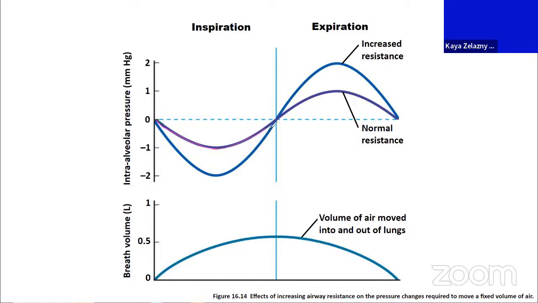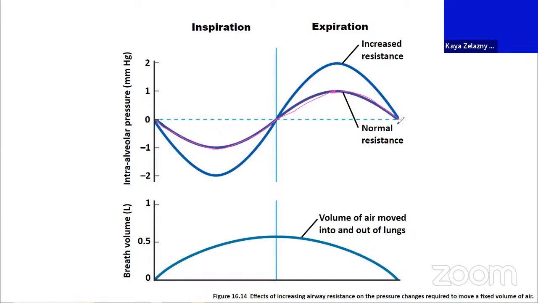As air flows in, that alveolus gets filled up, so the pressure comes to equilibrium with the atmosphere between breaths. And then we start to let that chest collapse back in as we relax the diaphragm and relax the external intercostals, and the lung starts to recoil. That thoracic volume is getting smaller, so the pressure builds up. Then we hit a peak normally of about 1 until we go back down because air is escaping. Eventually we'll come back to equilibrium.